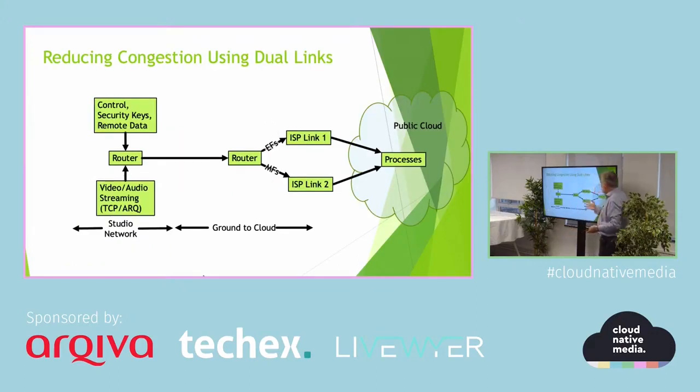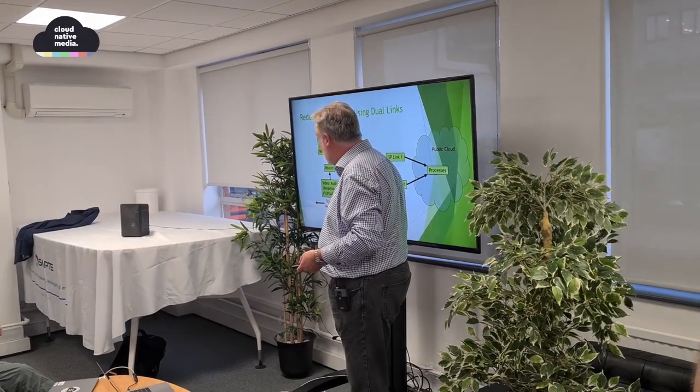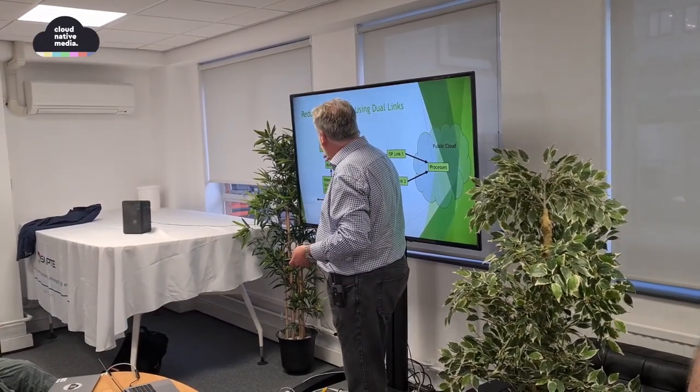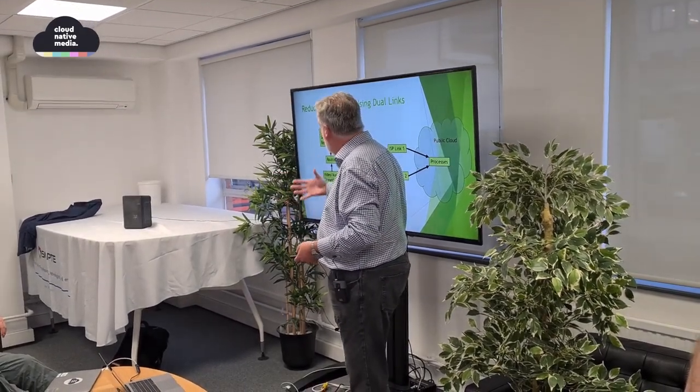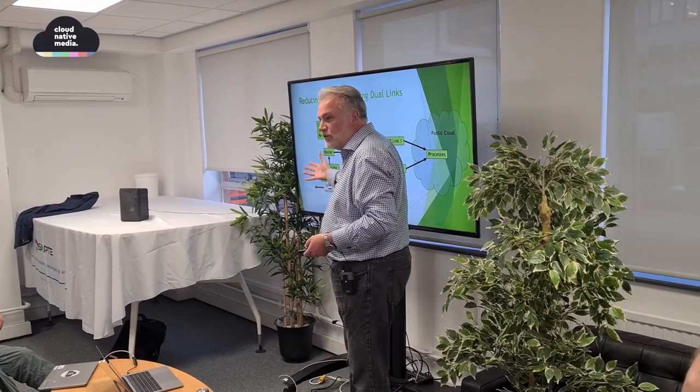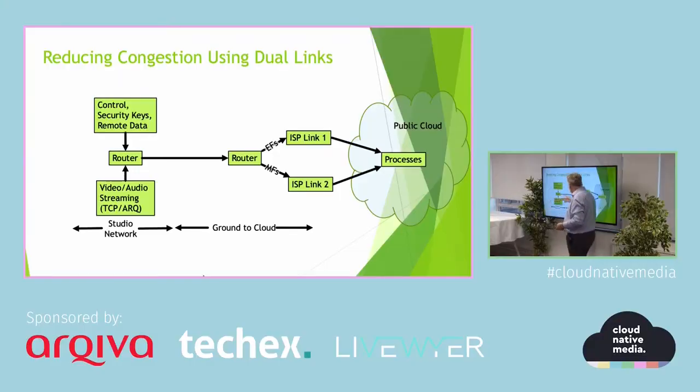But what I'm proposing here is that we can reduce congestion using dual links. So in our studio network here, we have our video and audio streaming, and that can be TCP or ARQ. It goes into a router, which is then mixed with control information, monitoring, security keys, remote control data, because you'll probably want to send them over the same link.